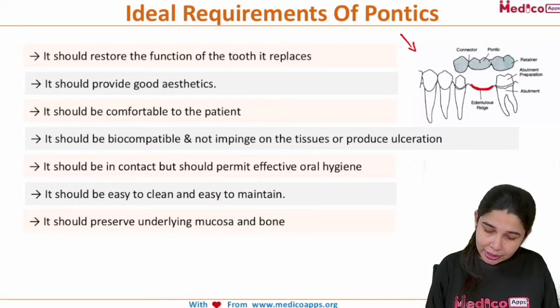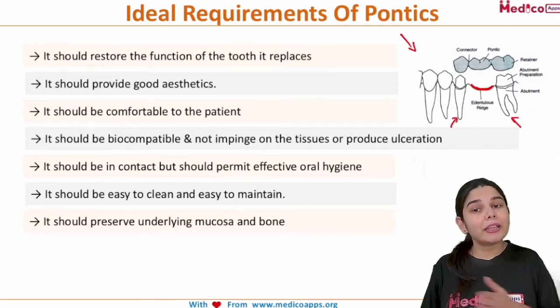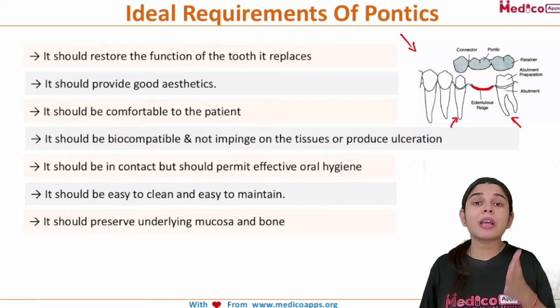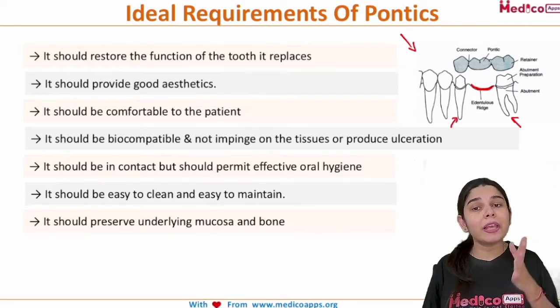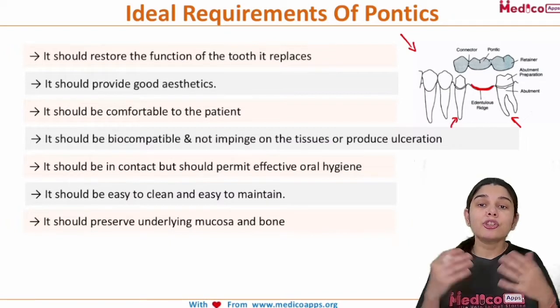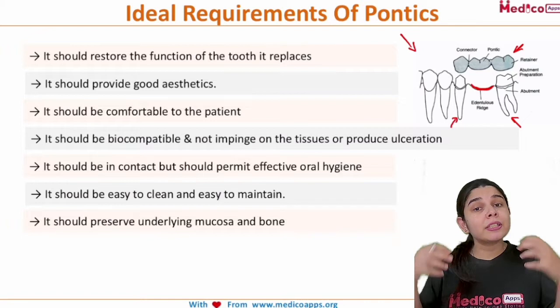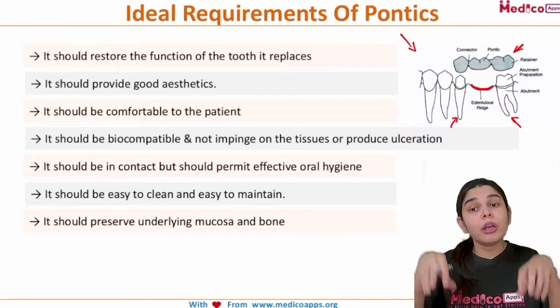As you can see in this image, these are the two natural teeth, and these two natural teeth are called abutments. These abutments are made smaller in size so that the prosthesis can fix on these two abutments.